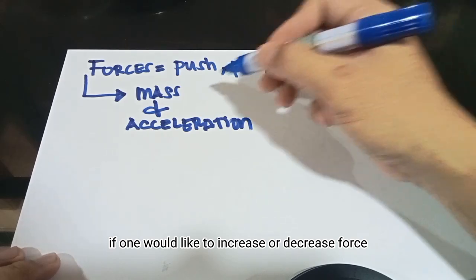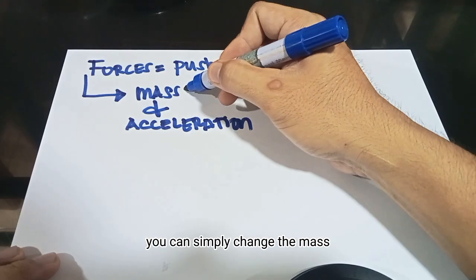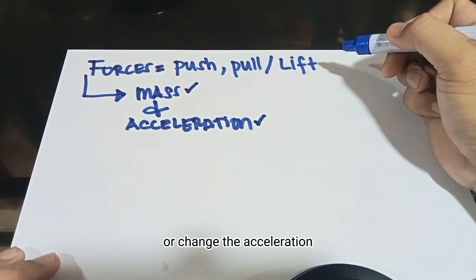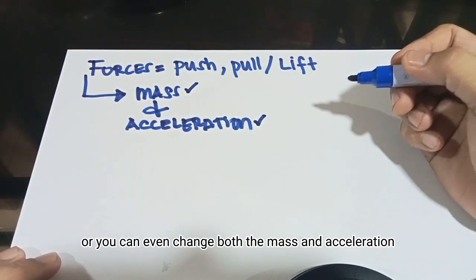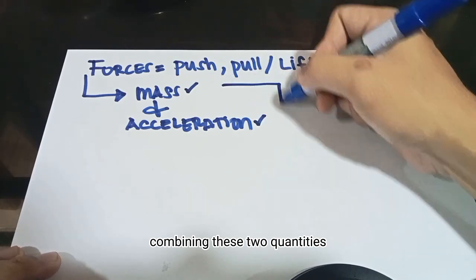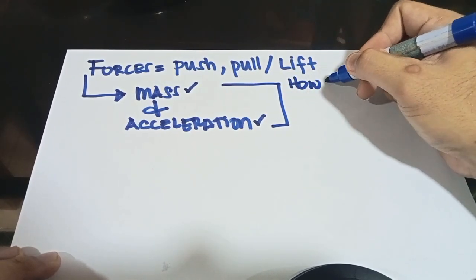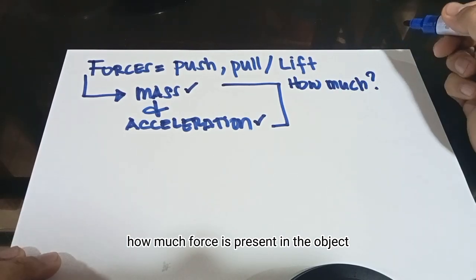If one would like to increase or decrease force, you can simply change the mass or change the acceleration, or you can even change both the mass and acceleration. Combining these two quantities, you'll be able to determine how much force is present in the object.